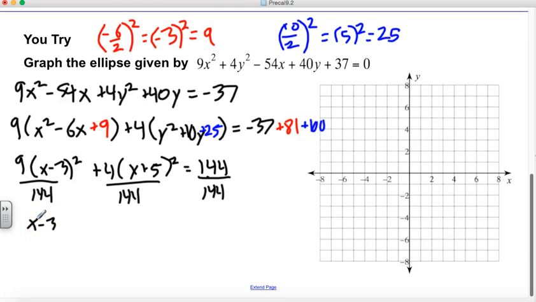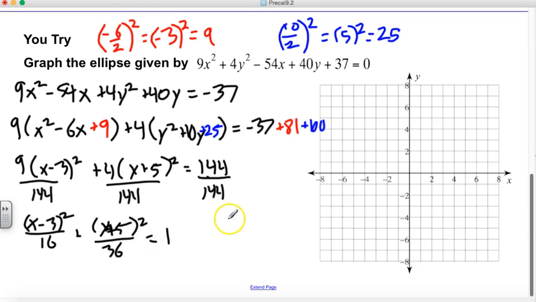So we've got x minus 3 squared over 16 plus, and then we do 4 divided by 144, you get 1 over 36. So we've got y plus 5 squared over 36. Alright, then that's going to equal 1.